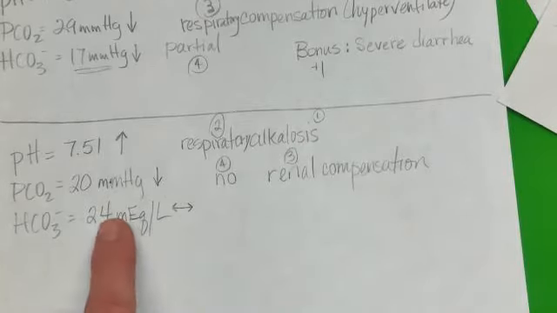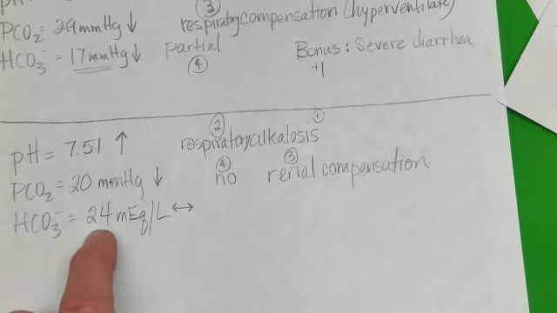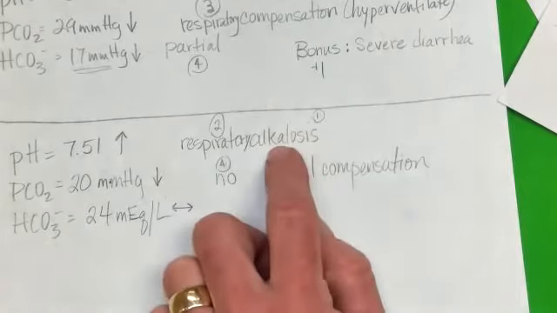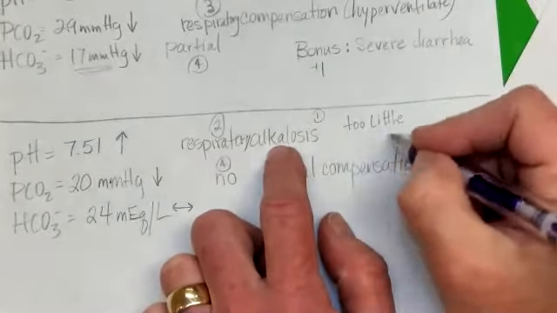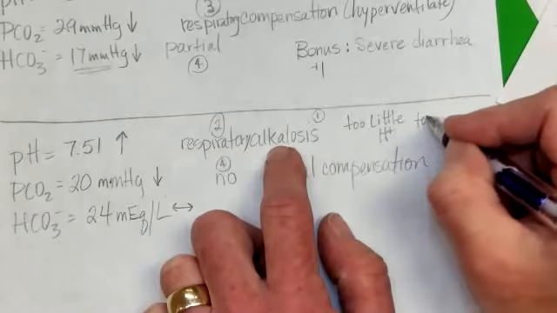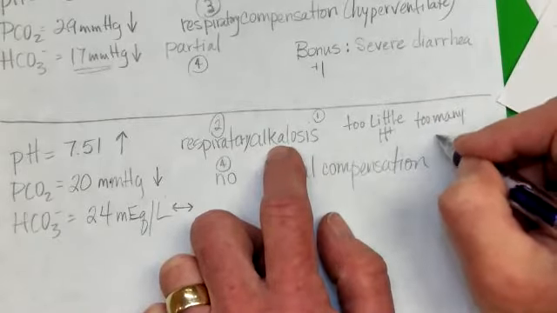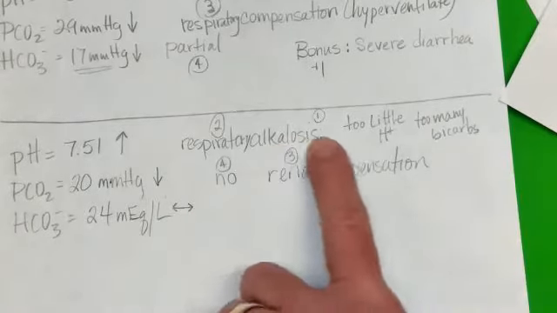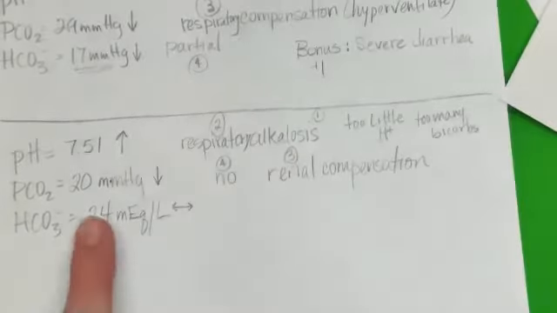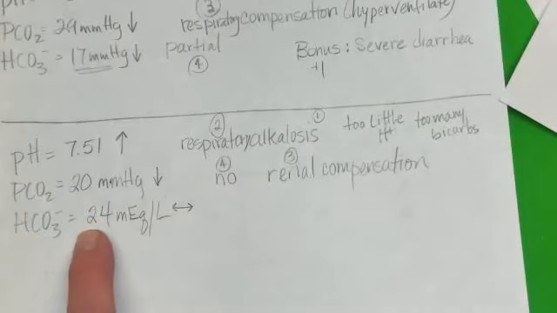This is going to be lower than 22, because if I'm in alkalosis, what do I have? Too little hydrogen ions, too many bicarbs. Okay, so what am I going to do to try to get rid of it? This number has to be low. And I'm going to show you a little trick so that you know if it's right here in just a second. Okay, so does that make sense, Tony?